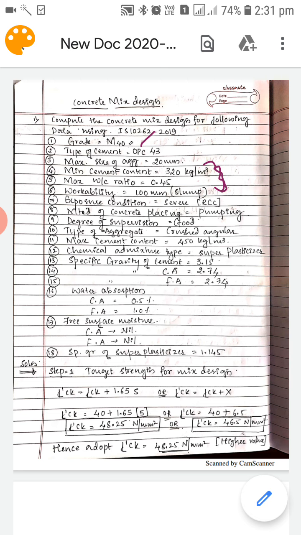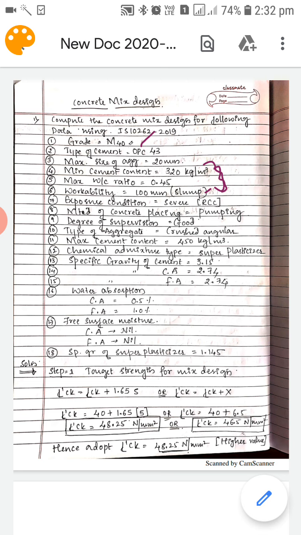Okay, so next data given is workability, that is 100 mm slump. This workability can be given in terms of slump or in terms of compaction factor or in terms of VB time. I have already given you the table on how to convert compaction factor into slump, or VB time into slump.